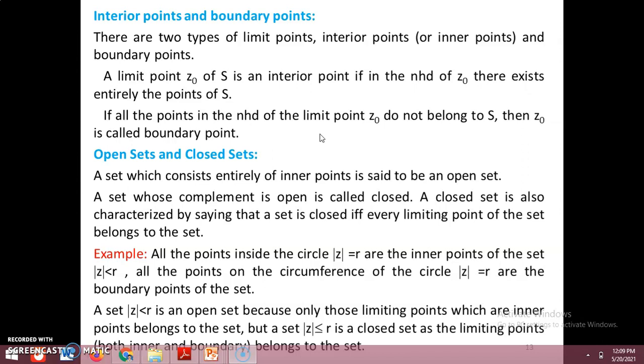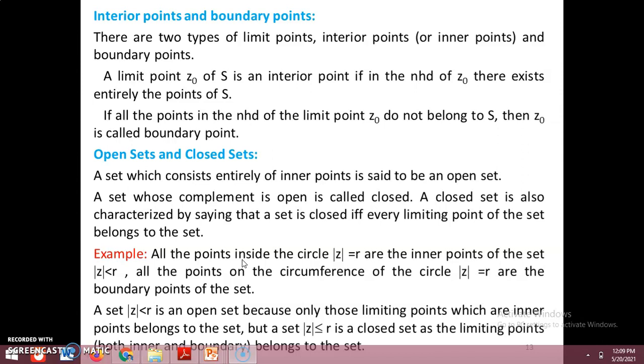For example, all the points which lie inside the circle, excluding the boundary, are the interior or inner points of the set, |z| < R. All the points on the circumference of the circle, |z| = R, are the boundary points.